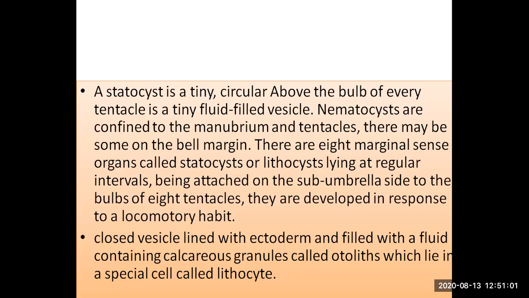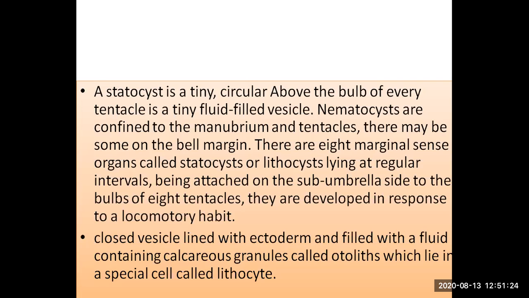Statocysts are tiny circles about the bulb of the tentacles. Each is a tiny fluid-filled vesicle. Nematocytes are confined to the manubrium and tentacles, and there may be some on the bell margin.